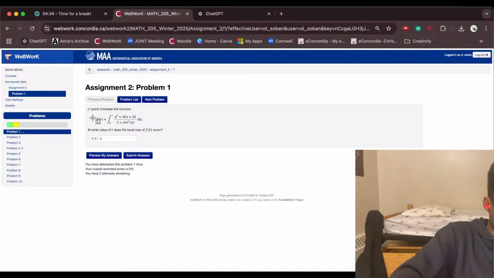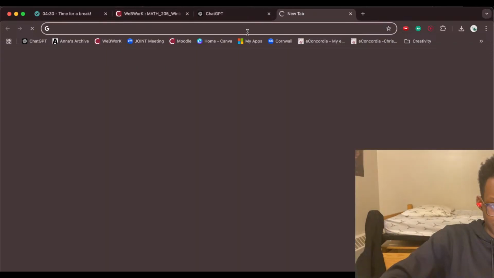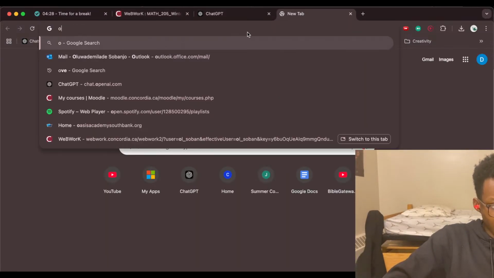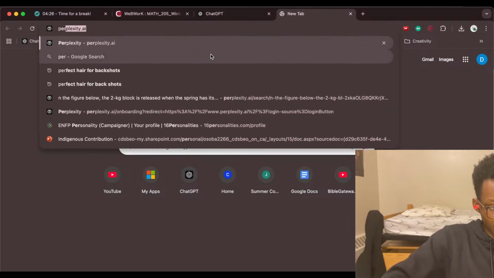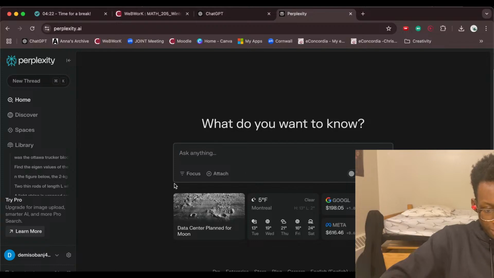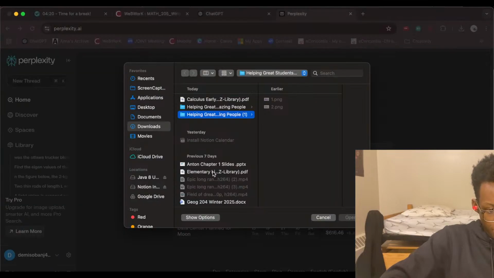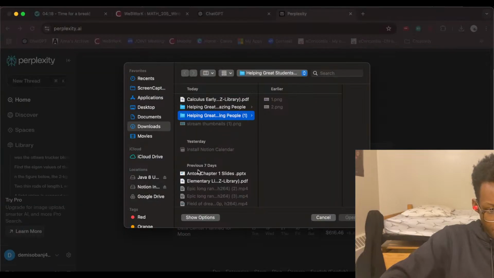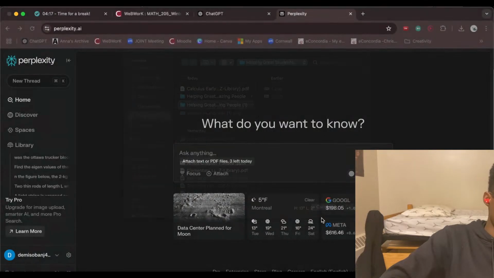Let's throw it into Perplexity. There we go. Let's use the more complicated one, and then they can even give me a video too. Oh yeah, this thing accesses PDFs.